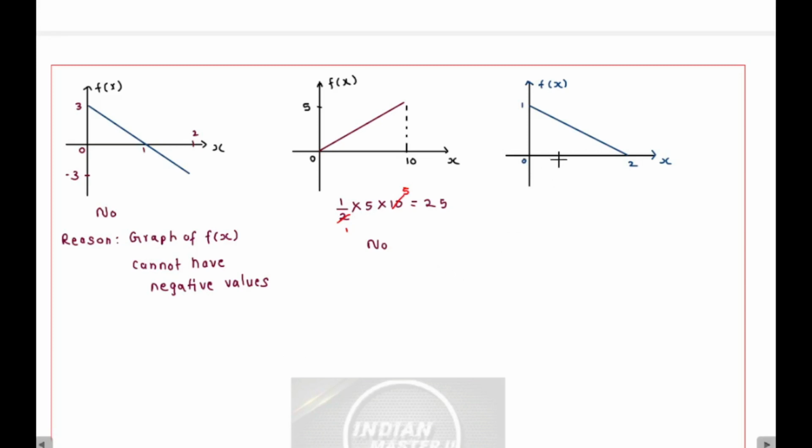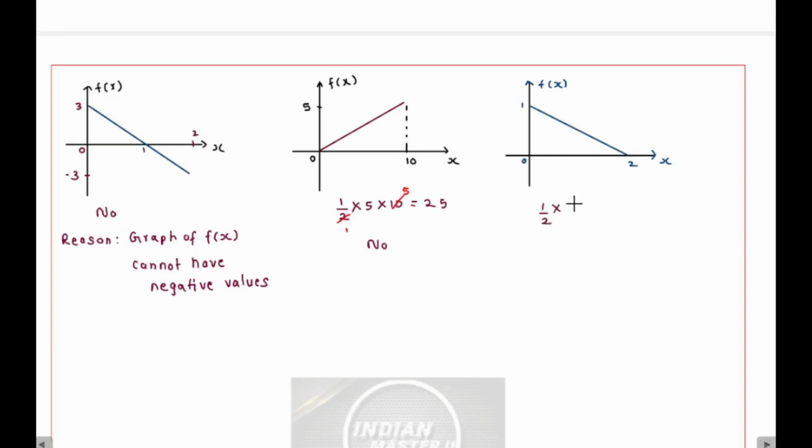So we will check two things. Here the graph is defined between 0 to 2. And the graph is above the x-axis only, positive side. It is not going below the x-axis. Let's try to find out the area. Again, this graph represents a triangle. So I can find the area using geometry here.